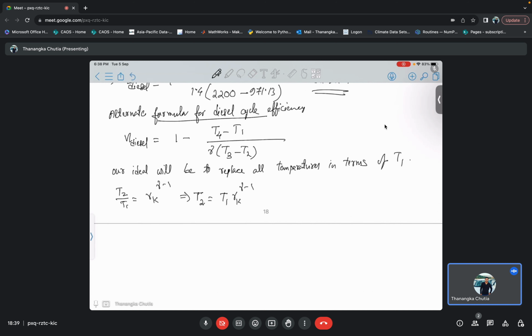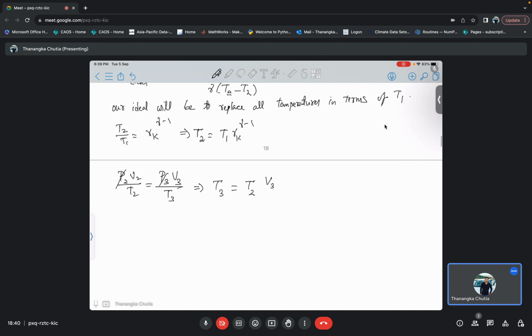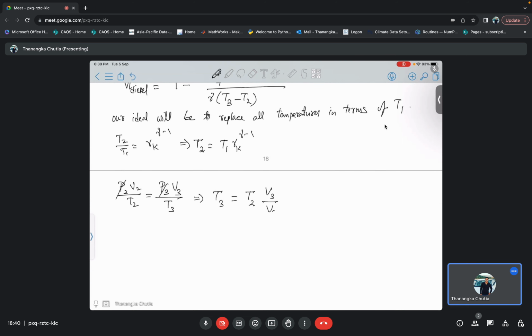Okay, so then what we know, P2 V2 by T2 is equal to P3 V3 by T3. Now P2 and P3 are the same, constant pressure process, so from here T3 is equal to T2 into V3 by V2.